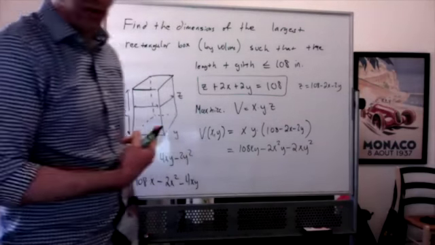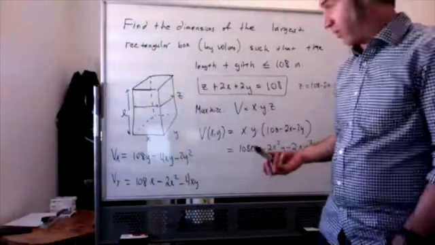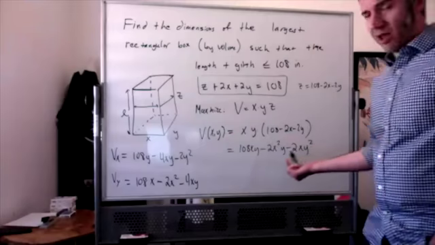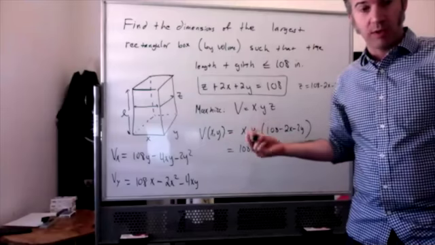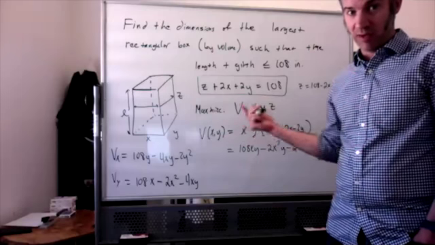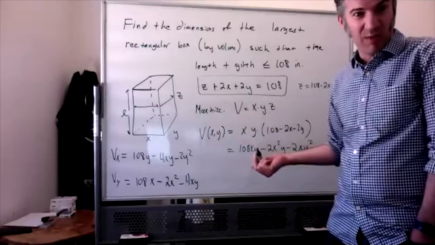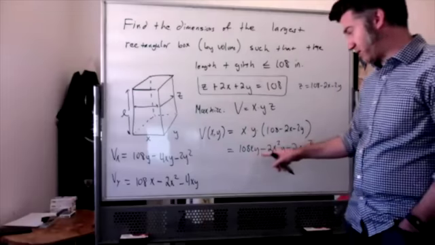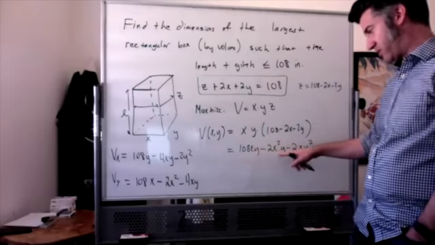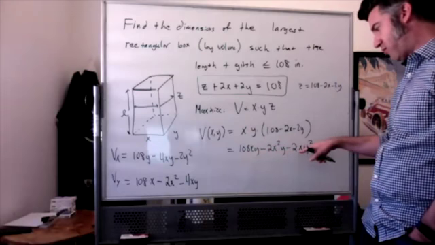There is something worth noting here. If you look at this function of x and y, it is symmetric in x and y, meaning that if you replace y with x and x with y, you still get the same equation: 108yx minus 2y squared x minus 2yx squared.